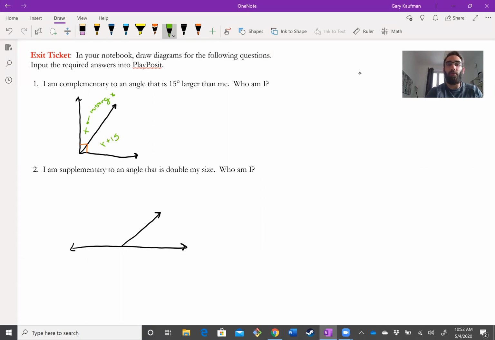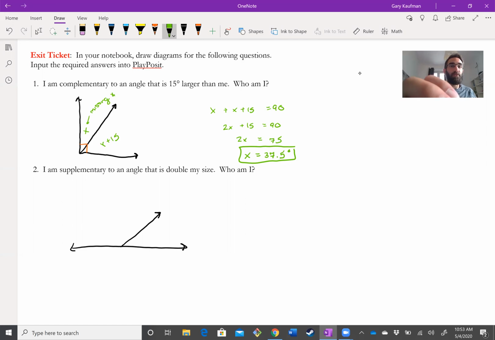So now I could say x plus x plus 15 has to equal 90. So 2x plus 15 is 90. Subtract the 15 to get that 2x is equal to 75. X is therefore equal to 37.5 degrees. And this is the angle measurement that we're looking for.